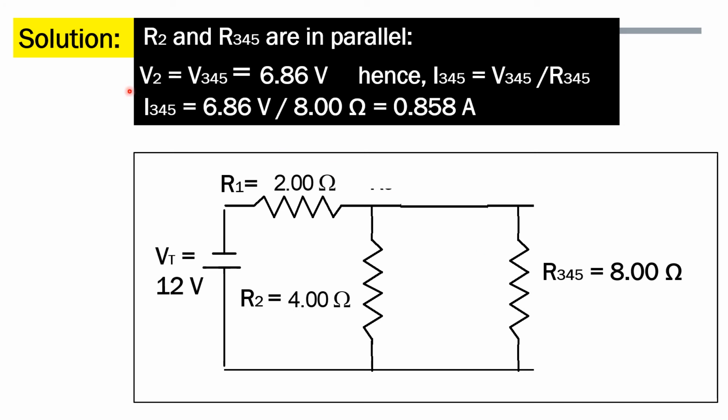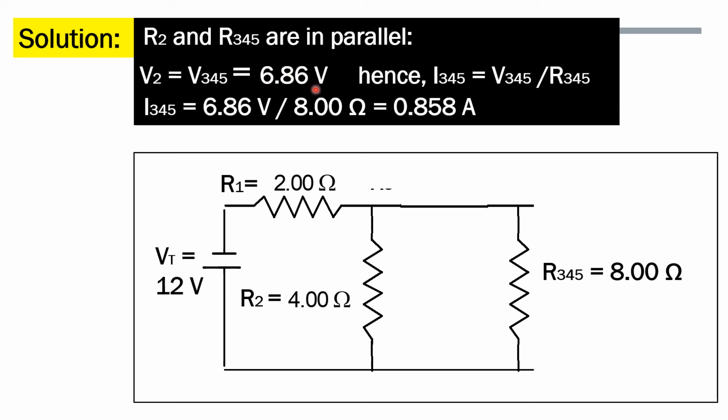But with V sub 2 being equal to 6.86 volts, since they are parallel to V2, as shown, we can conclude that the voltage V sub 345 is also equal to 6.86 volts, using the concept of parallel resistances where the individual voltages are equal to the total voltage.